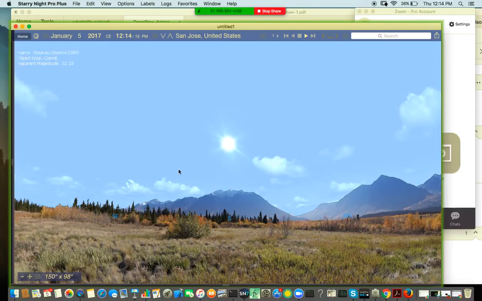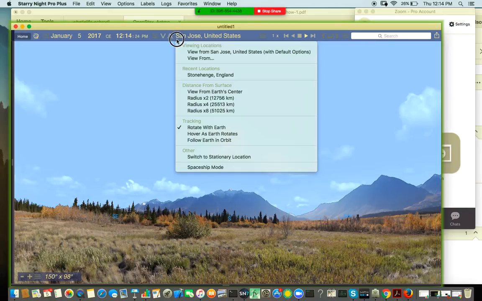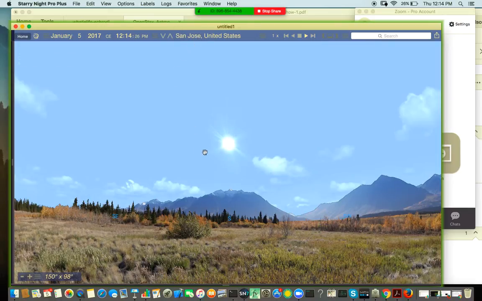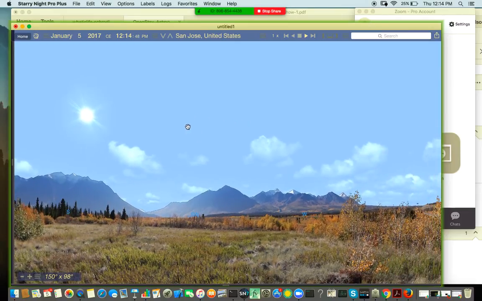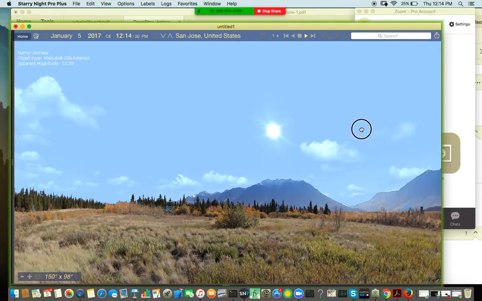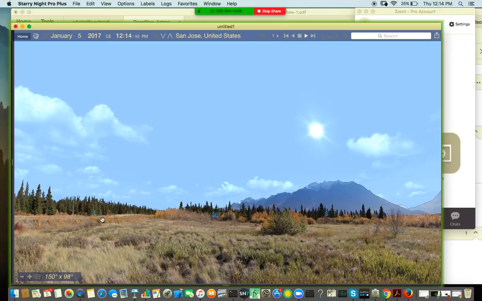It displays the sky as it looks if you were in San Jose, in the United States. See this letter S, it stands for south, with southeast on the left hand side and southwest on the right hand side. I can move around and look more towards west, or look more towards east.